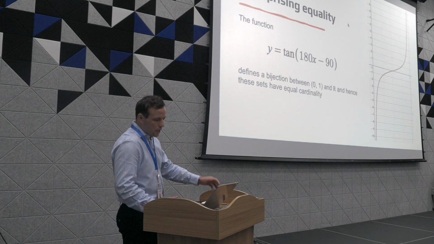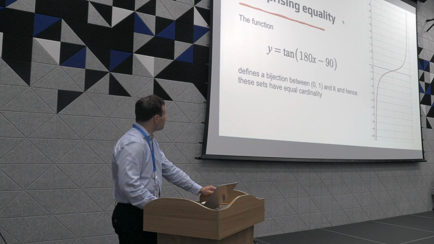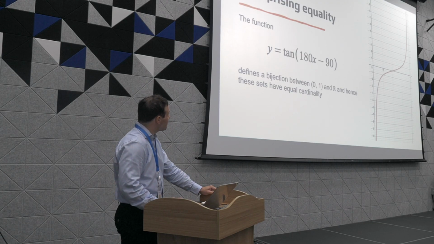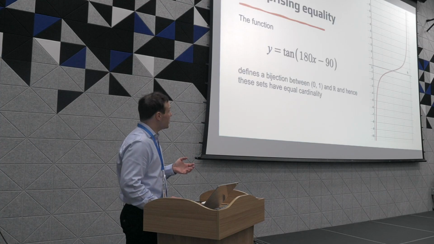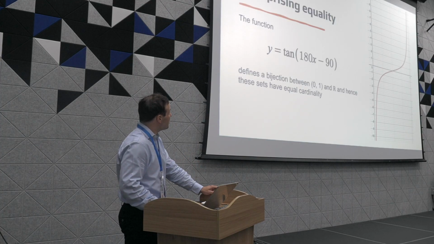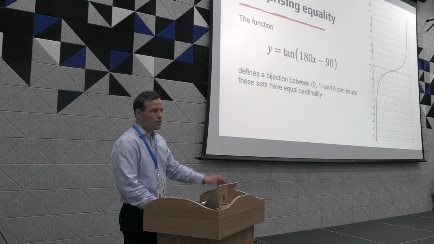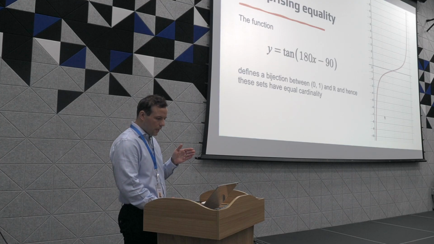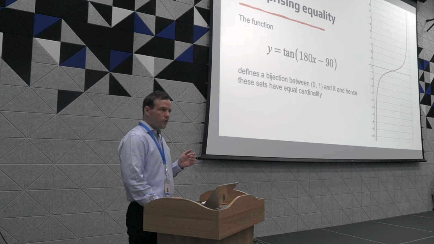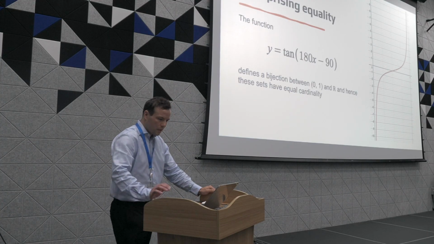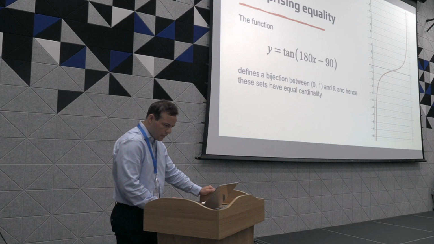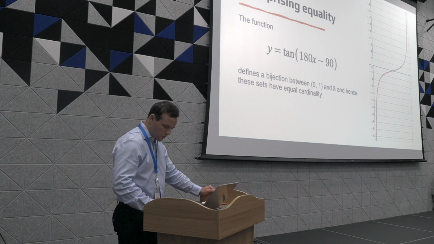So here we can see a transformation of the tan function, and every element from 0 to 1 is mapped in a one-to-one fashion to every element of the real number line. Just that this time the real number line is on the y-axis, so it's going vertically down. Okay? So if you're convinced that this is a bijective function, which you should be, because it is, then this function is enough to show the result.